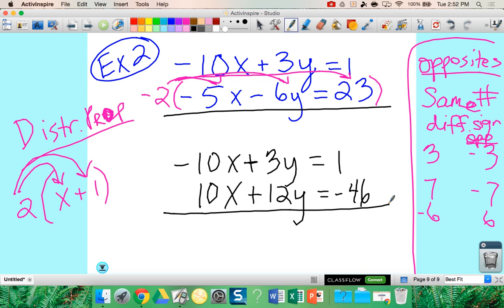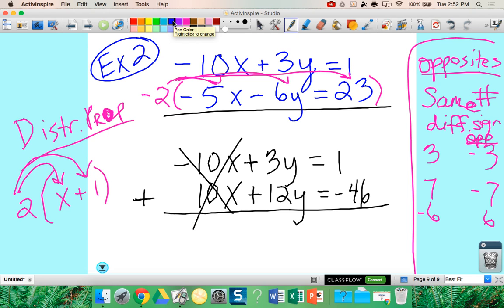You're going to look at the one below it to compare. Okay, do you have any variables that have the same number multiplied by them but opposite signs? Yeah, good. So there's negative 10 on the top and then 10 on the bottom. So if we add those, what's negative 10x plus 10x? 0. So we've eliminated that x term. Okay.